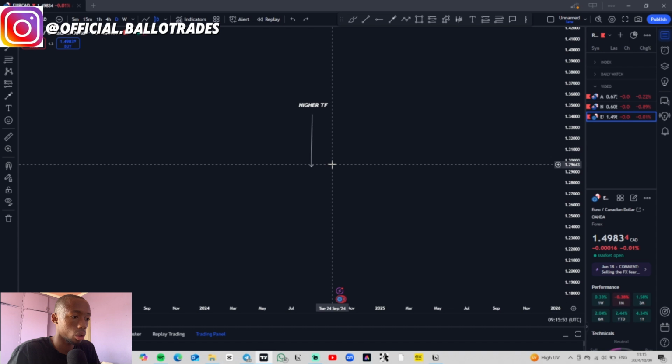Let me just increase the font. The higher time frames we use firstly to identify where liquidity is, which is our area of interest. Let me just write this in full. We look for our areas of interest.